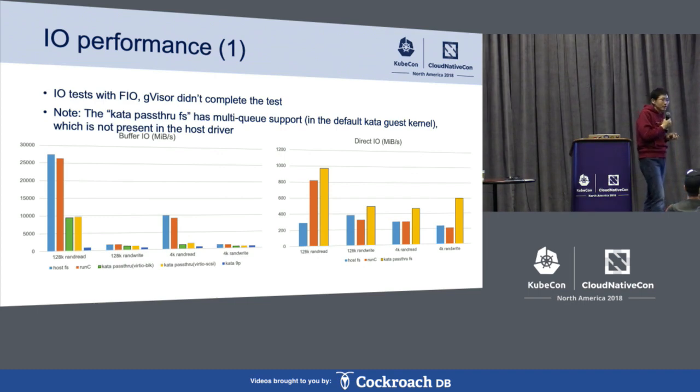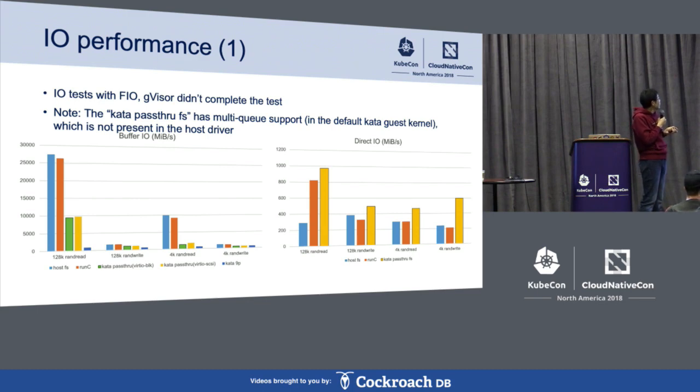Now the I/O performance. Firstly we use FIO to do the I/O performance test, but unfortunately gVisor can't complete this test. I don't know which syscall failed, but it failed.